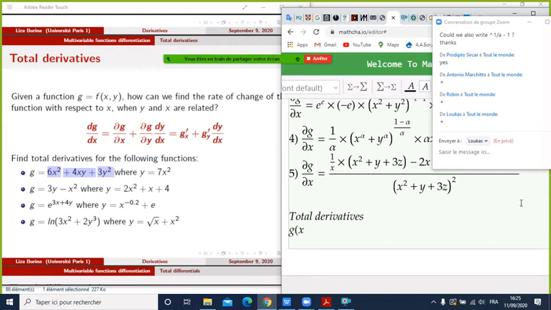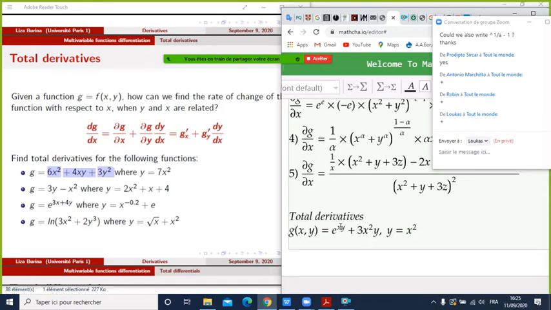So let's take an example that I will do. We have some function g of two variables, and it's going to be e to the power xy plus 3x squared y. Okay, so I know that there is an underlying relation between the two, and it's like that.